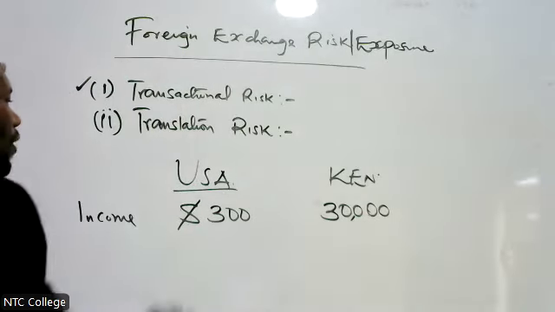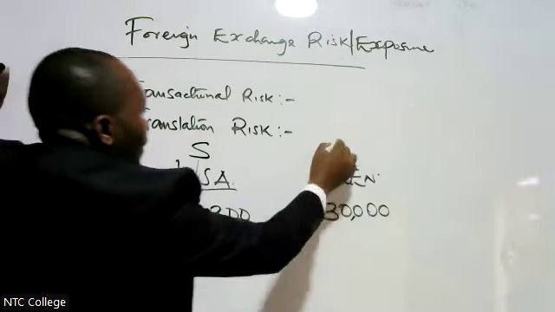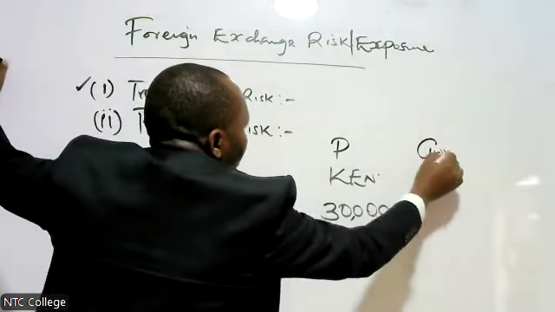So what you're going to do, if this was a subsidiary and this is the parent, is report it as a group. You need to have a group.